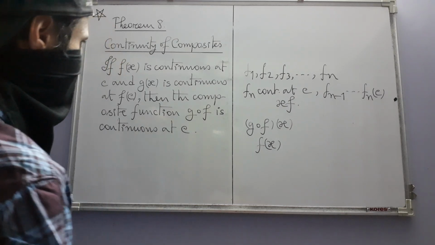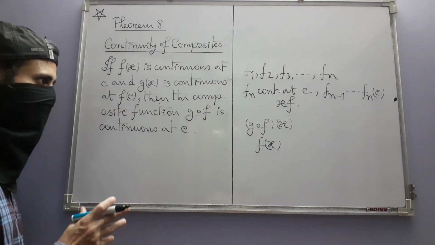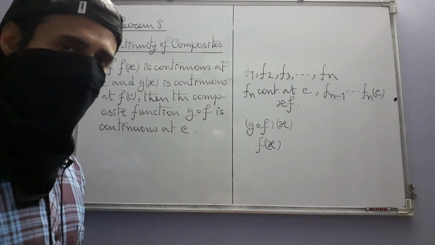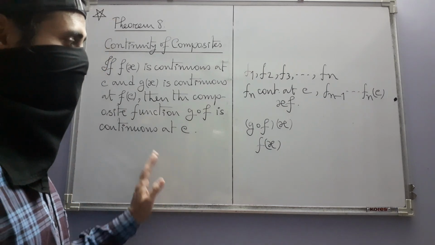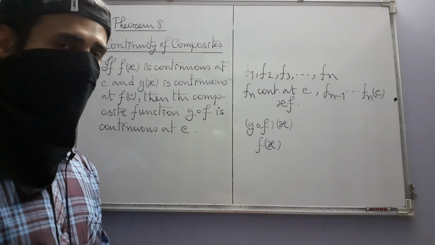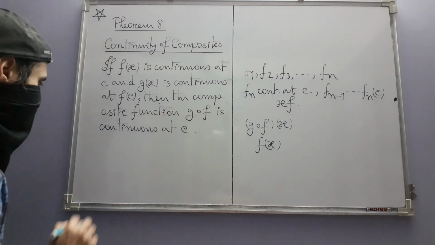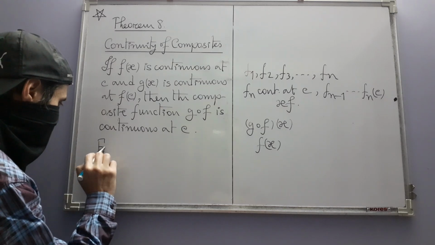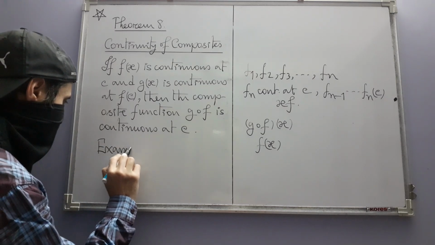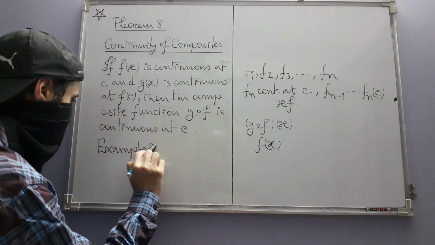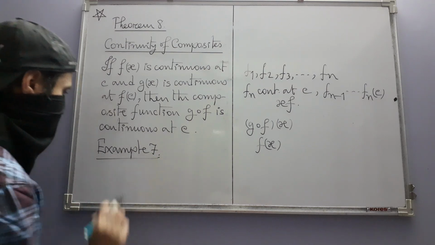Now let us see an example in which we are going to see some continuous functions where only algebraic combinations are not enough. We need to consider composition also. So that example is example 7.